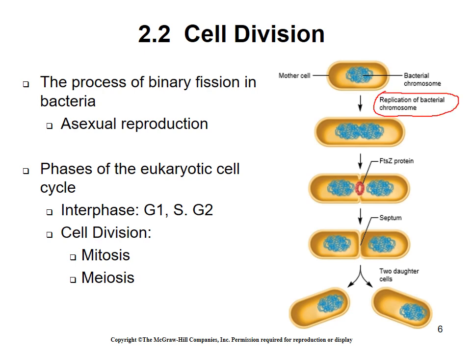And whenever the DNA is replicated, the cell will go ahead and divide itself. It will do cytokinesis, divide its cytoplasmic content, and the end result is that you go from having one cell to two daughter cells. And the two daughter cells are genetically identical to the parent cell. And that is because there is only one source of DNA that was introduced in the mother cell.